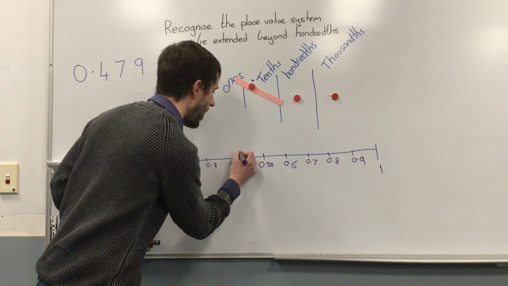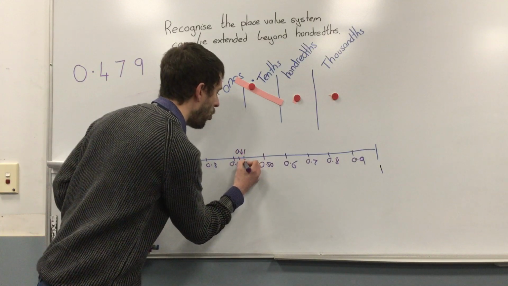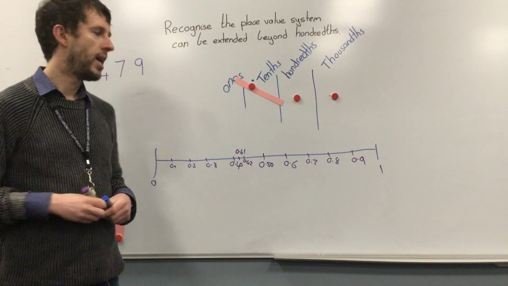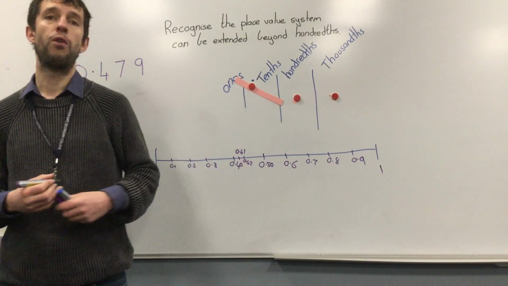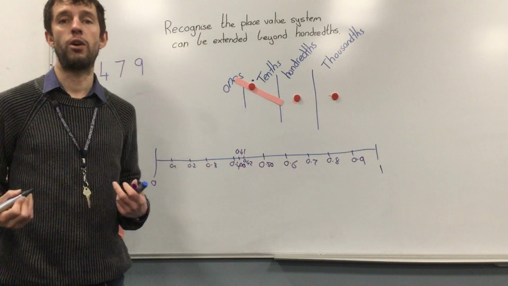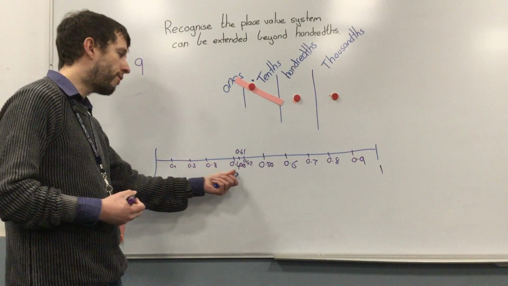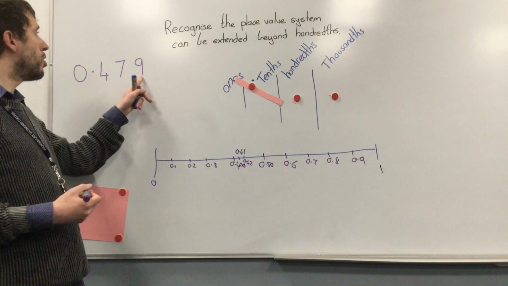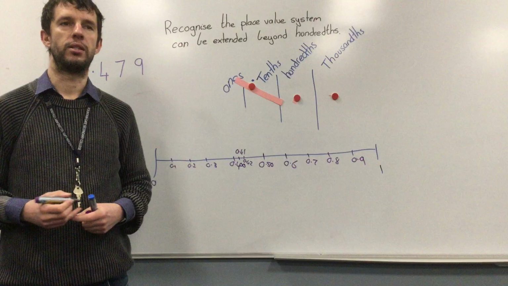So I have more points between those decimals. Again, 0.40 is the same as 0.400. So it's 0.400 and 0.500. And that's where we move into our thousandths.